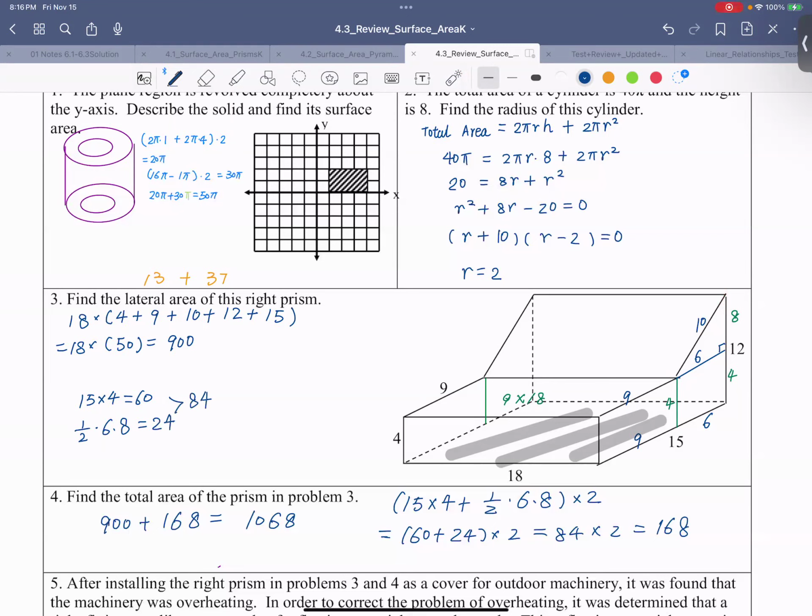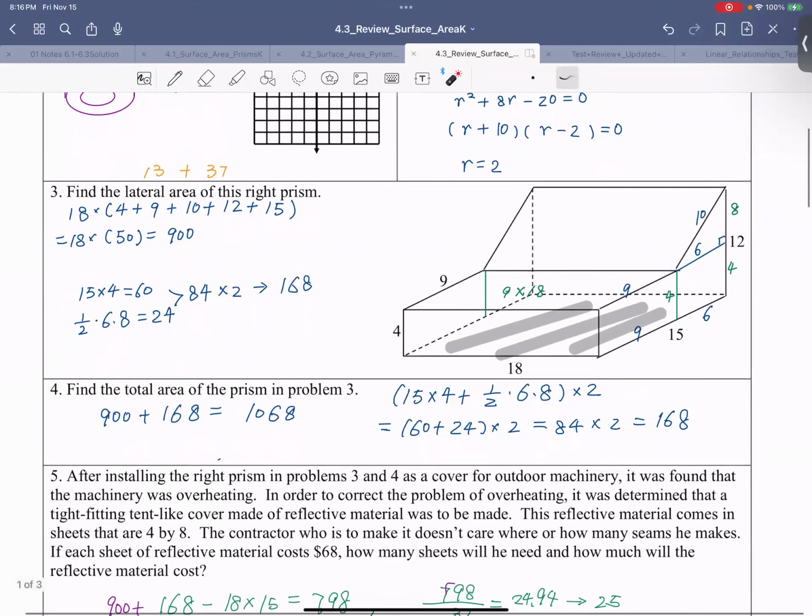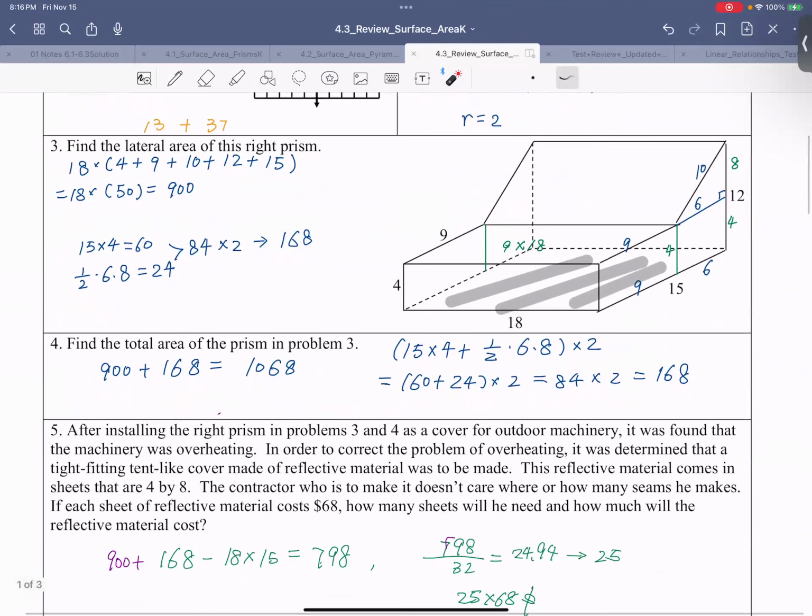And then 84 times 2 give us 168. That makes sense. 168. And this plus together is 1068. Make sense? And then next one. This guy add together will be that.